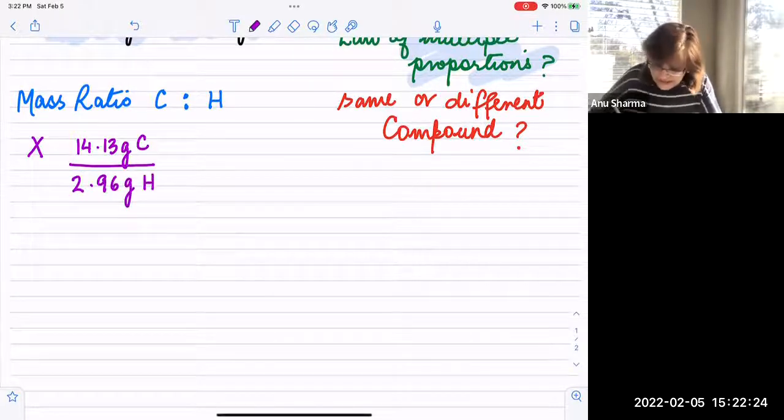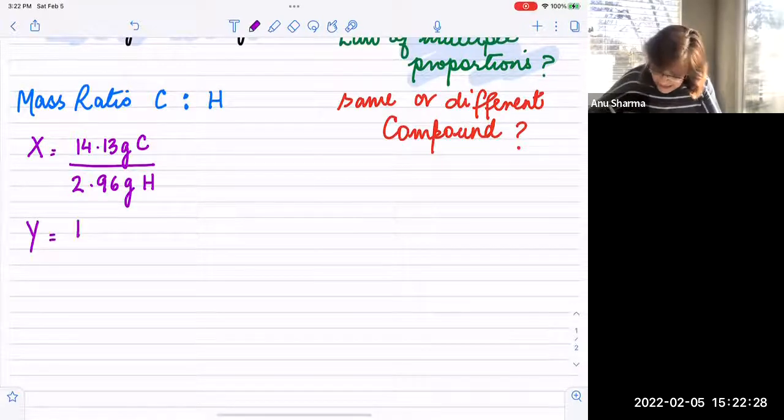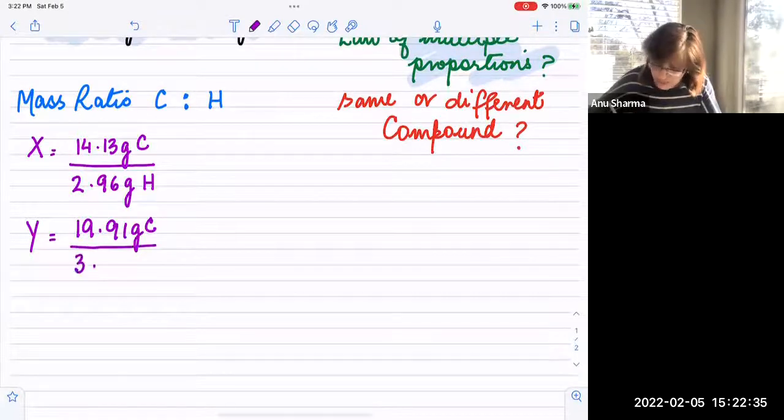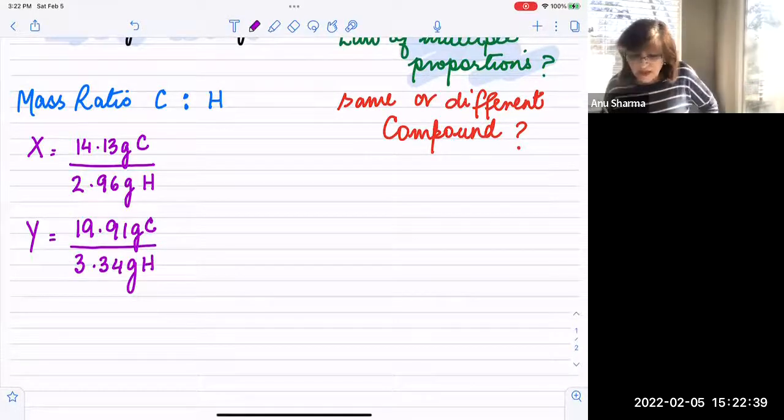This is in X. The compound Y has 19.91 grams of carbon, and we have 3.34 grams of hydrogen.